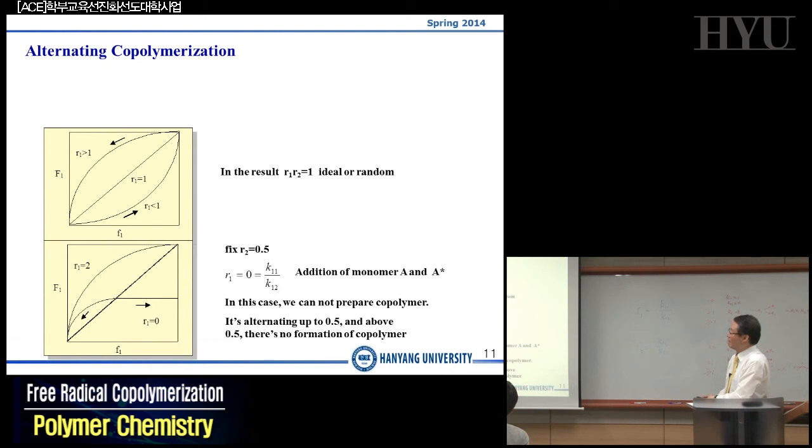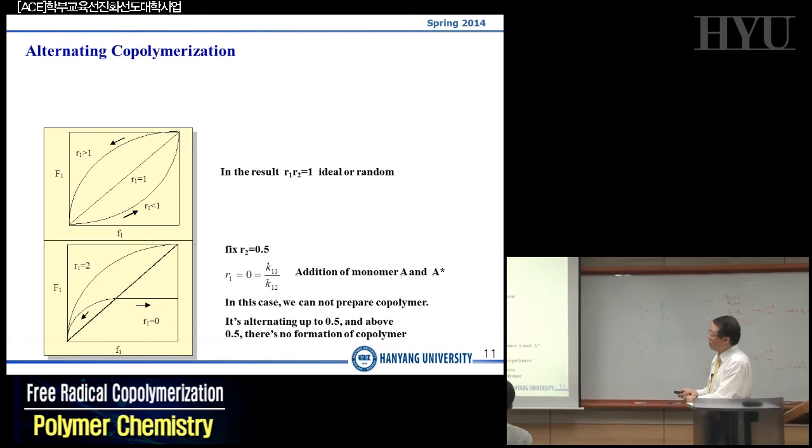Okay, now in many of the textbooks on polymer chemistry, you see these types of graphs. Okay, I told you that the intersection line between the small f1 and large F1 here is the azeotropic line, right, where R1 is equal to 0. When R1 is greater than 1, you always have an upper bound, okay, the curves above this.